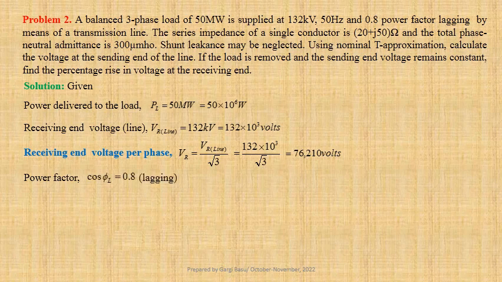Let us now calculate power factor angle. Phi L equals cos inverse 0.8, that is equal to 36.8699 degree.